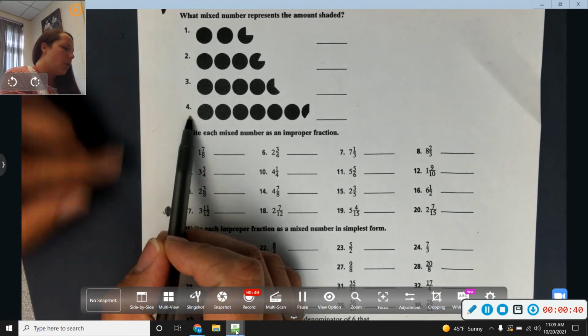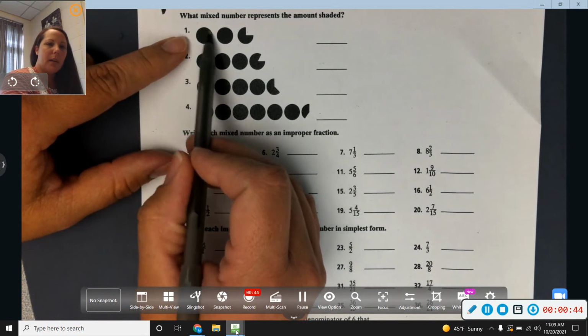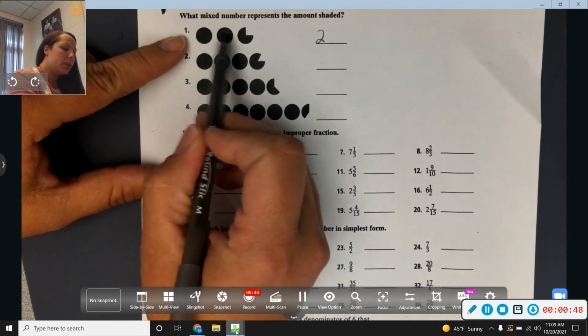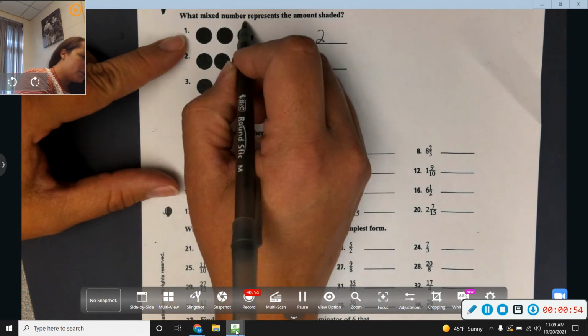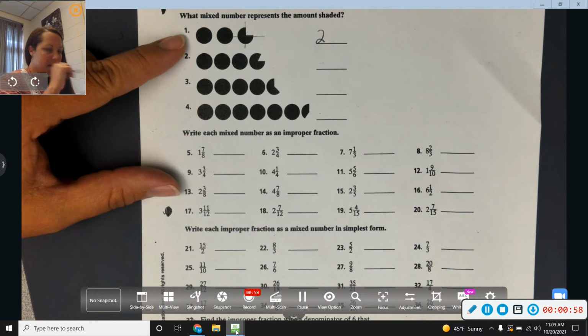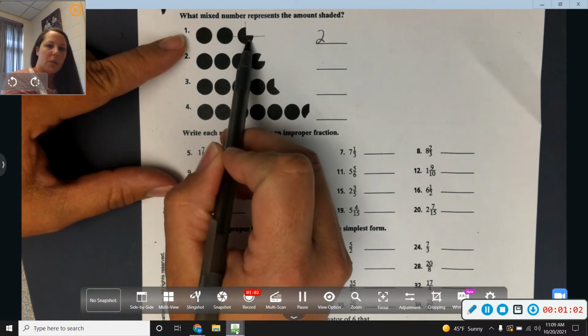Okay, so example number 1: how many wholes do we have? We have 2 whole circles, and then we have a partial circle. If I cut this circle into 4 sections, how many of those are shaded in? 1, 2, 3.